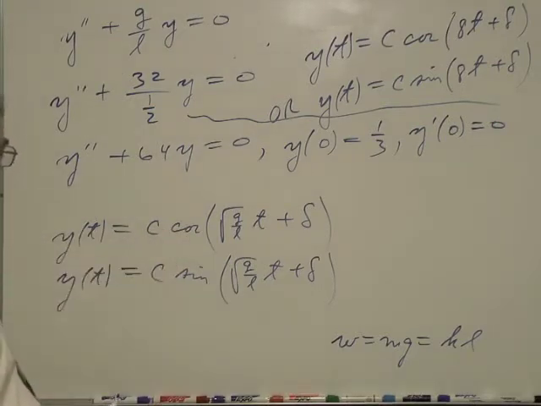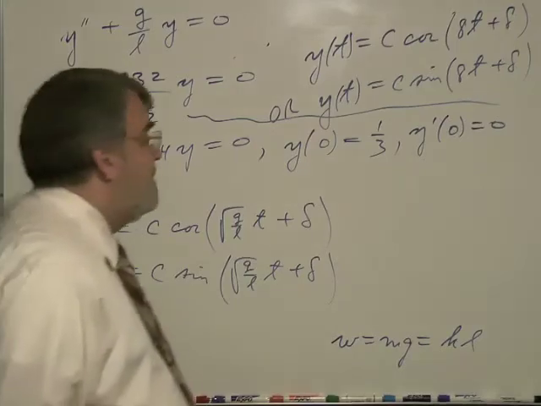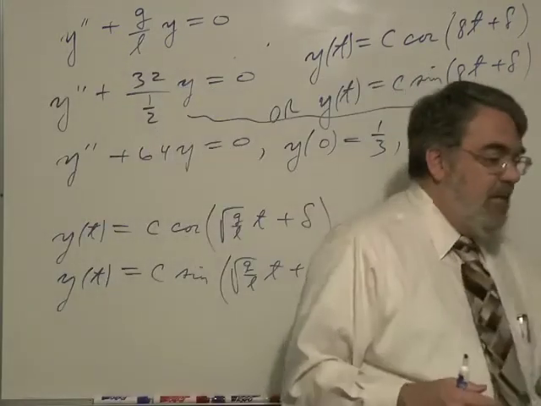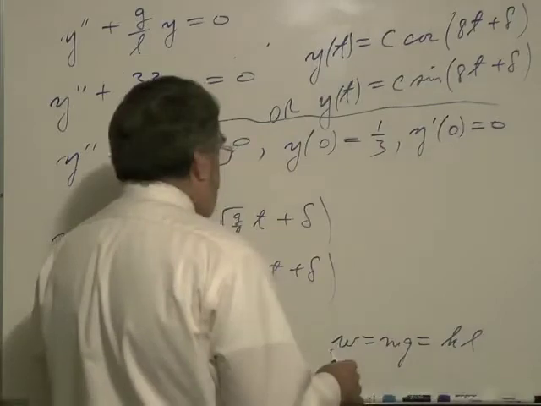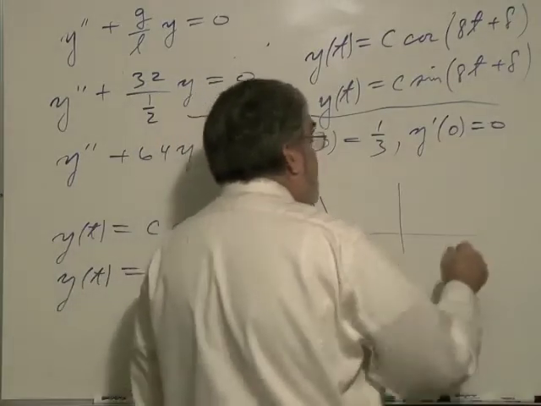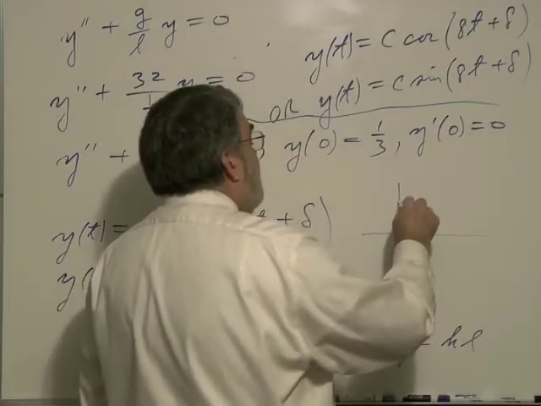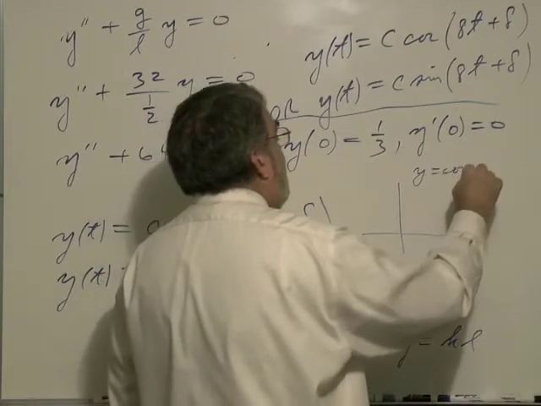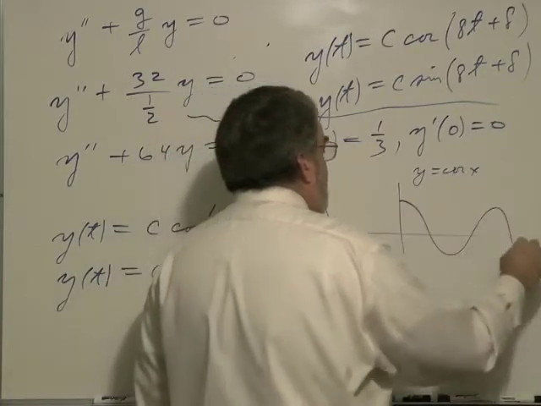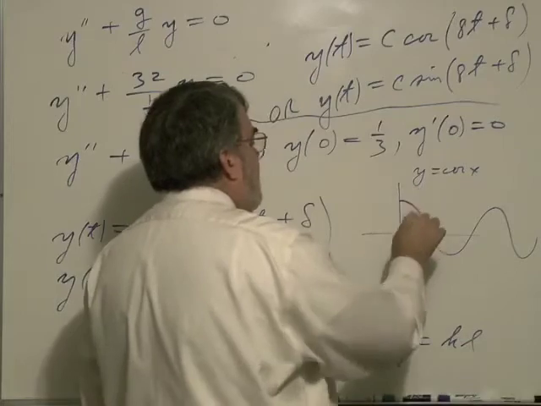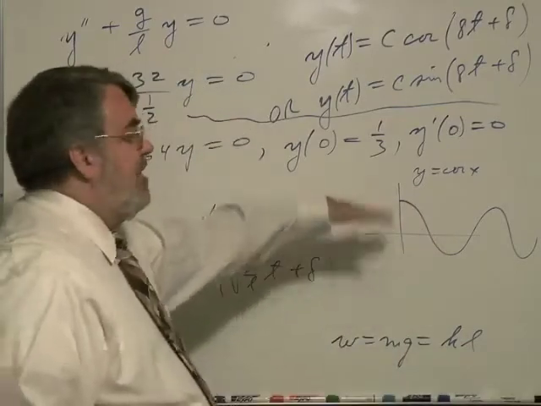Which of these do we want to use? Let's use cosine, for a very good reason. Because cosine, without a phase shift, just y equals cosine of x, looks like this. So cosine of 0 is 1. It starts at the top of the curve.